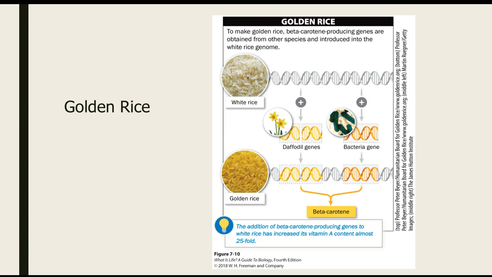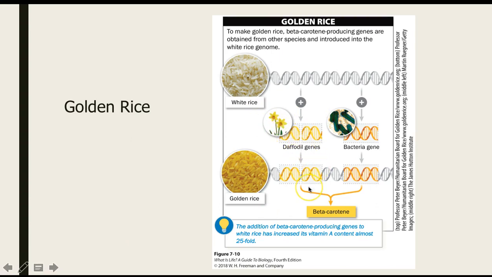Okay, so what they did was they took two genes from daffodils. Daffodils are this beautiful yellow. That means they have lots of beta carotene. And they also took a bacterial gene, and the bacterial gene is there for helping with making the beta carotene happen better.